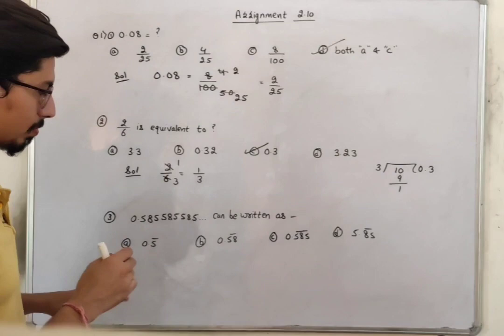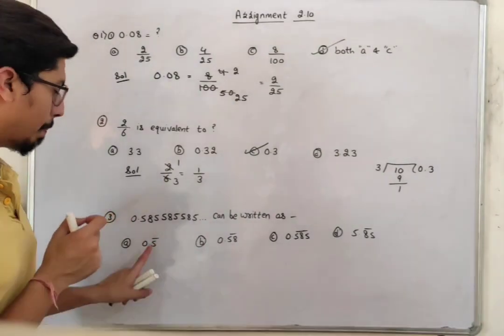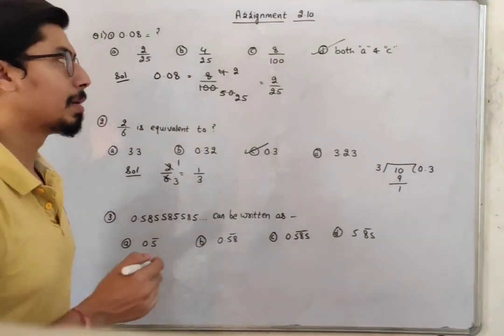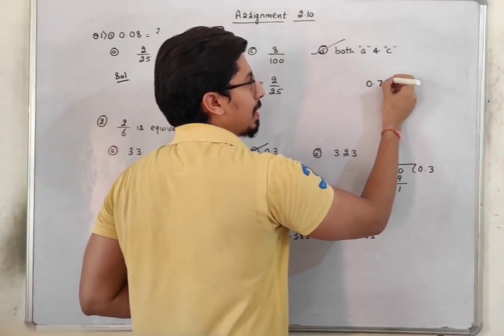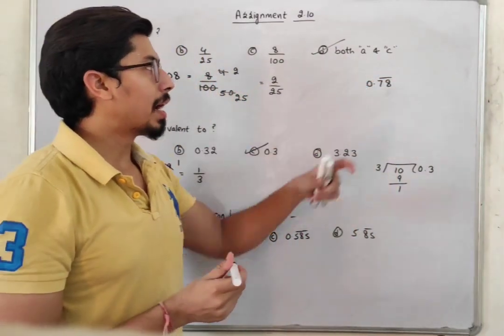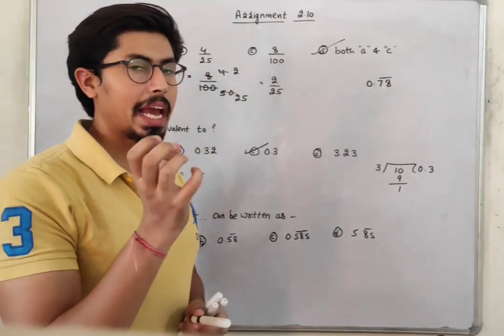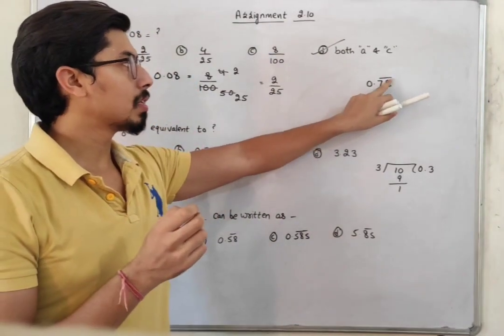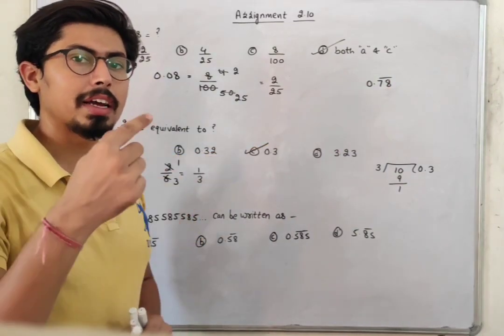See, students, in all four parts we are seeing bars over the numbers. See, that bar means, if I take 0.78 with the bar, this bar represents that the number under the bar will get repeated.